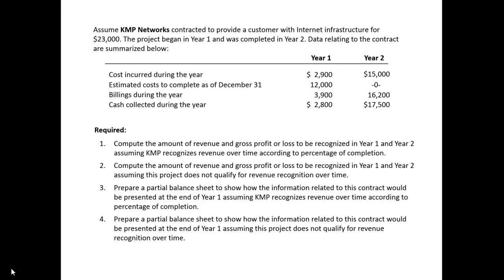Prepare a partial balance sheet to show how the information related to the contract would be presented at the end of year 1, assuming KMP recognizes revenue over time according to the percent of completion. And then number 4, prepare a partial balance sheet to show how the information related to this contract would be presented at the end of year 1, assuming this project does not qualify for revenue recognition over time.